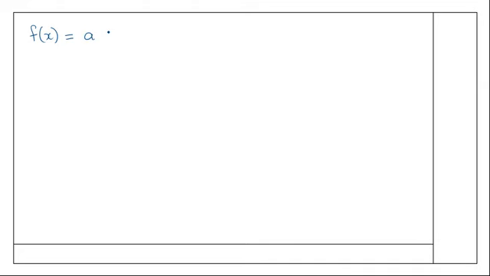So a constant plus an x term plus an x squared term, and so on, right? And of course, this is a series because remember, a series consists of a sum of terms.